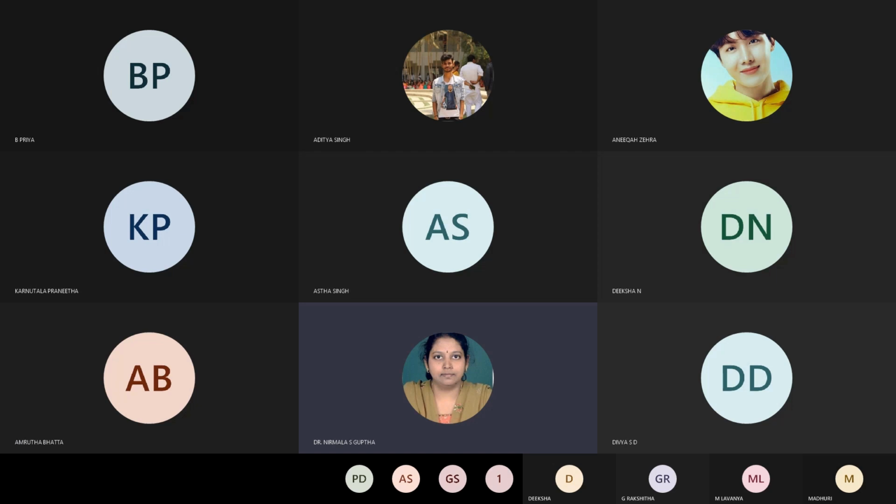So yesterday we were done with the construction of a table. We started adding the rows. So what were the attributes we considered? Very first attribute was, oh, just 1 minute.